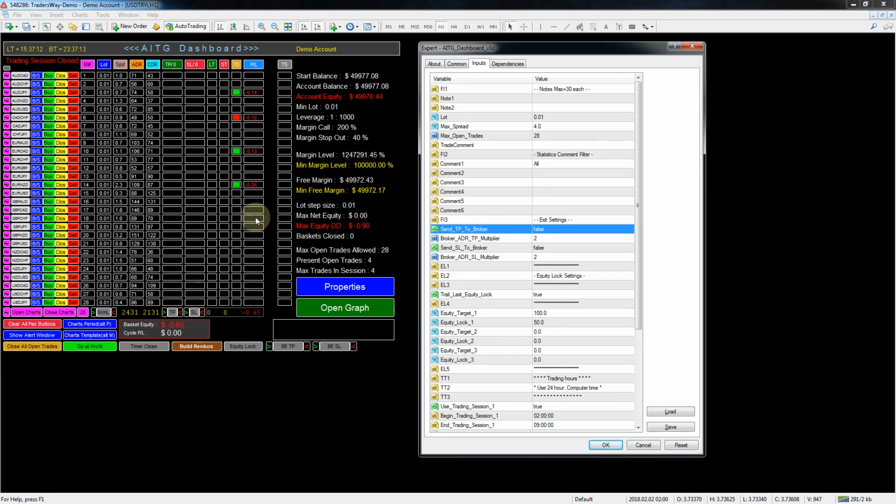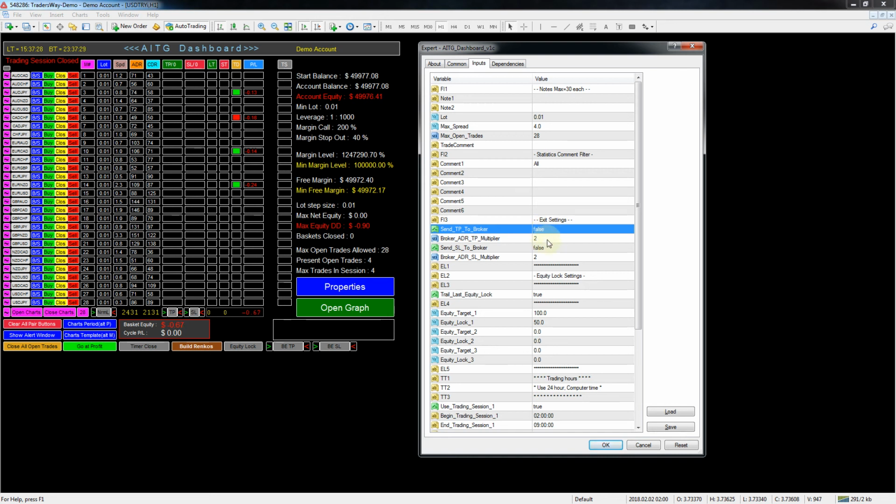Everything else, the take profits and stop losses that are in the trading systems, are all hidden from the broker. He cannot see those, but these will be sent to the broker, so in case your system crashes, you've got some kind of protection there.